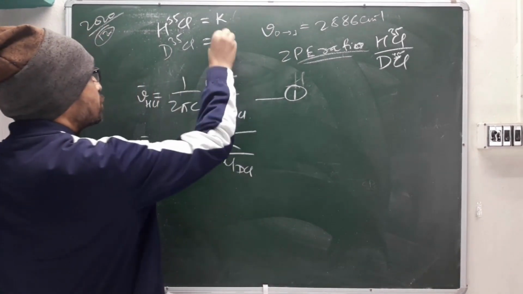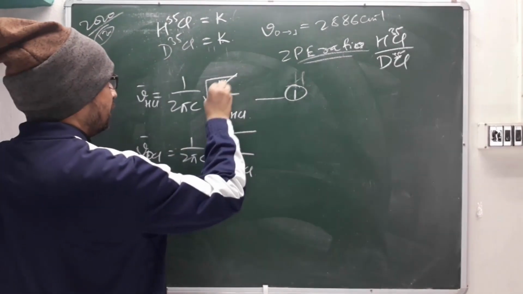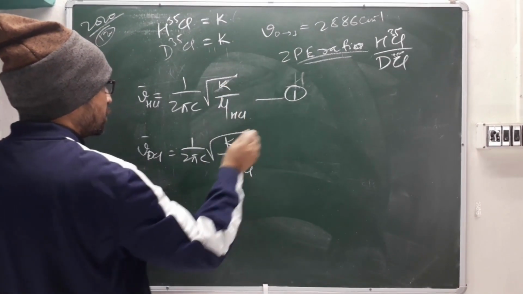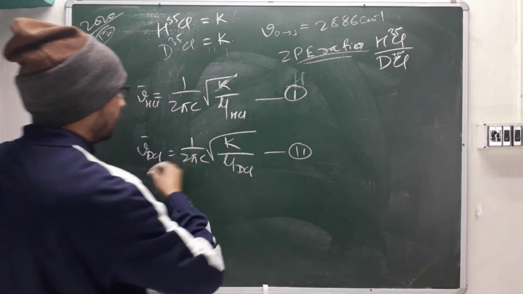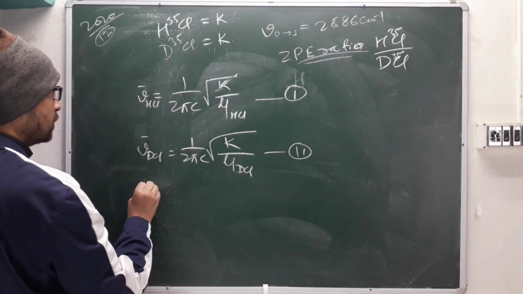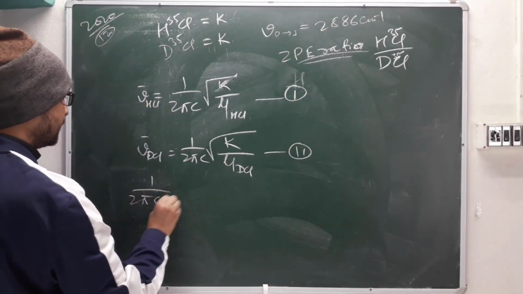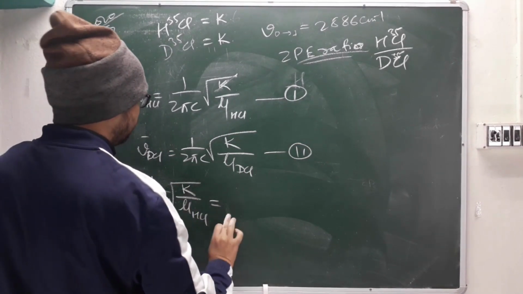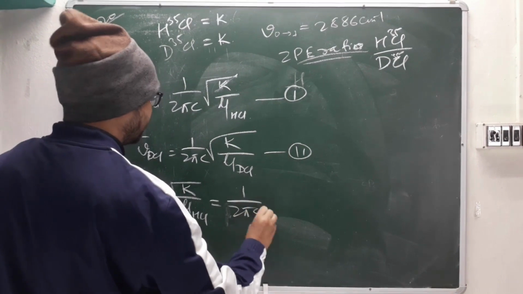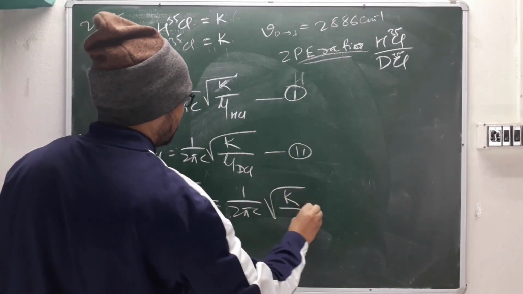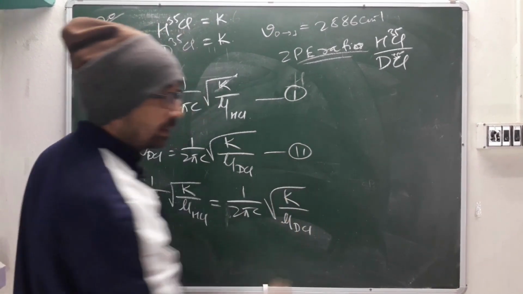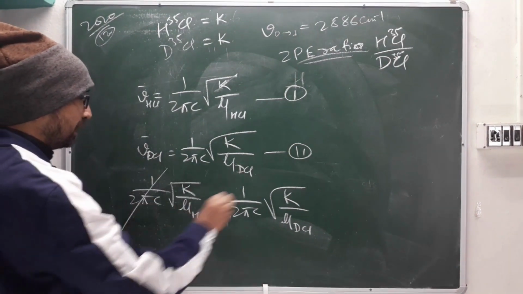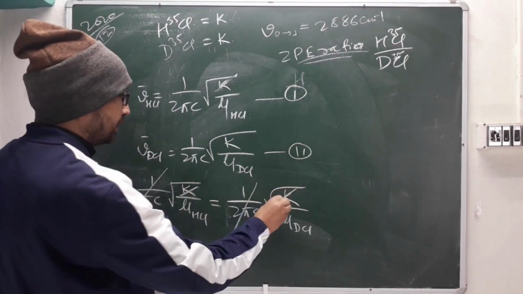They are saying these two are similar, so we will equate both equations. 1/2 pi c under root k by mu HCl equals 1/2 pi c under root k by mu DCl. This k will cancel out.